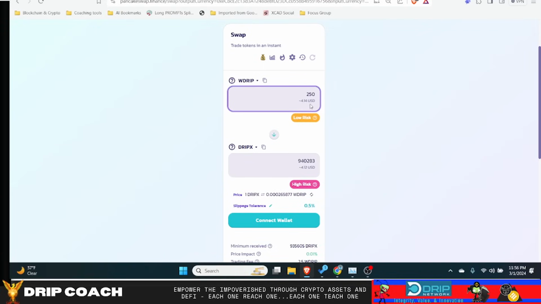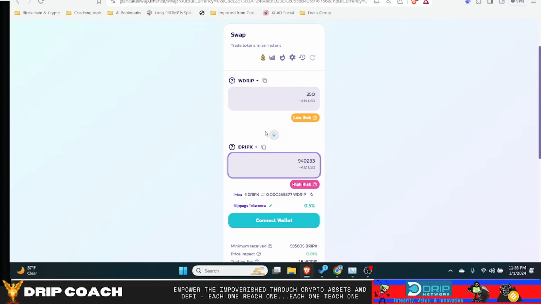That's close enough. This will get you 940,000 DripX. Now you'd have to buy your Drip, but that Drip is going to cost you about $4.14.